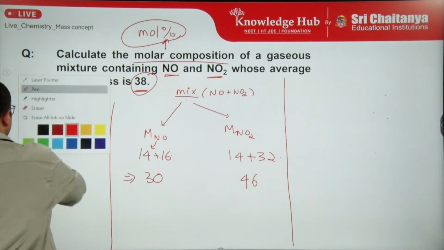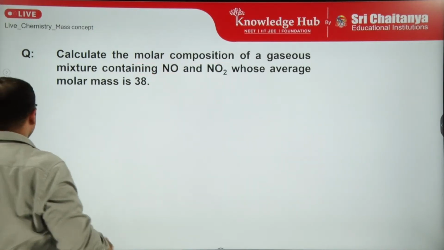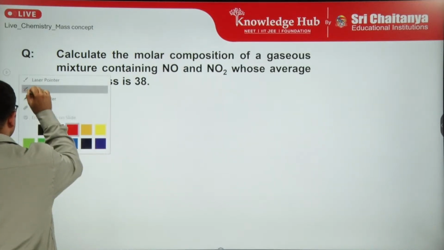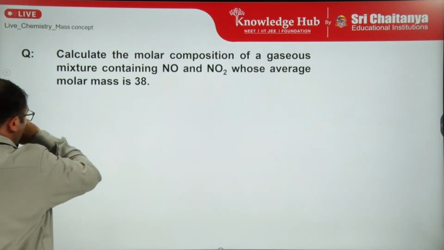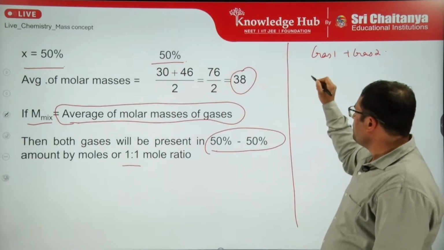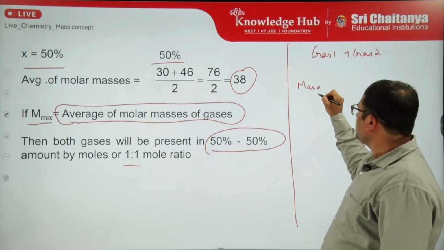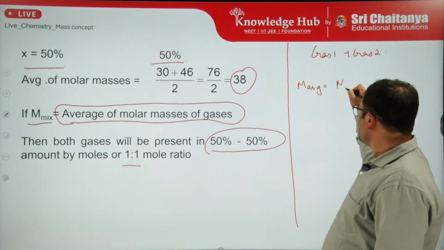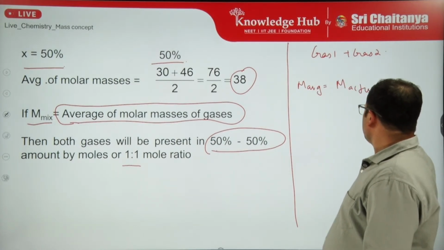I am going to clear this out, right? So you have a mixture and the average which you have calculated is equal to the actual average.